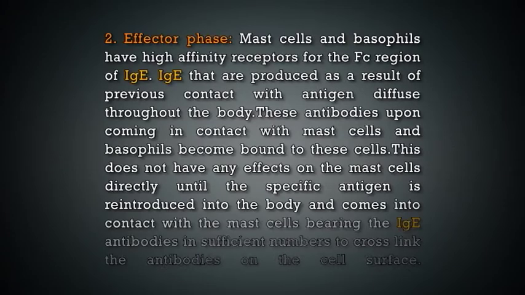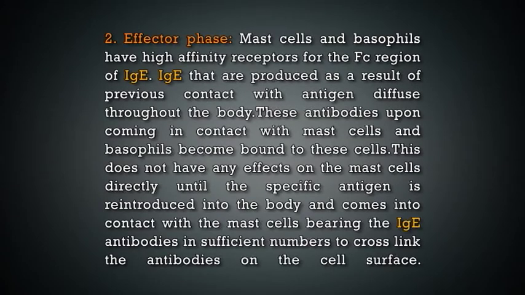Now coming to the second phase, effector phase. Mast cells and basophils have high affinity receptors for the Fc region of IgE that are produced as a result of previous contact with antigen diffused throughout the body. These antibodies, upon coming in contact with mast cells and basophils, become bound to these cells.